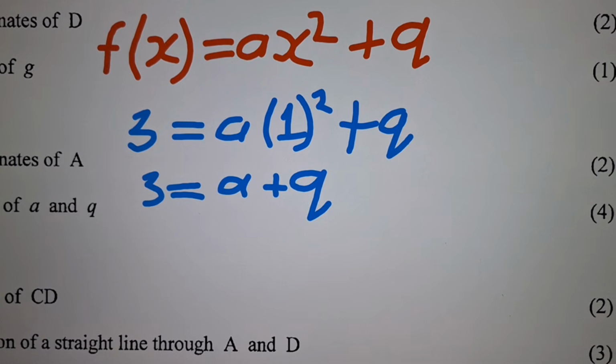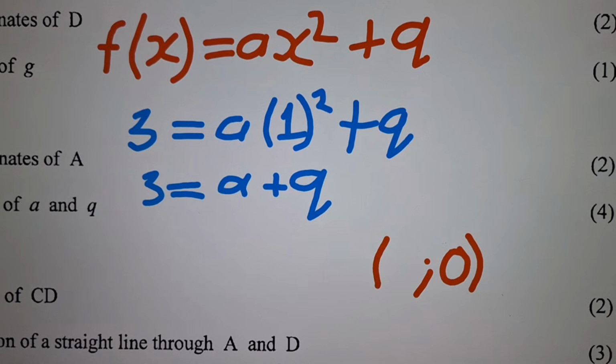Now we're going to use the other point, A. The coordinates of A, remember we calculated them just now. It was the x-intercept, so our y was 0, and our x was negative 2.